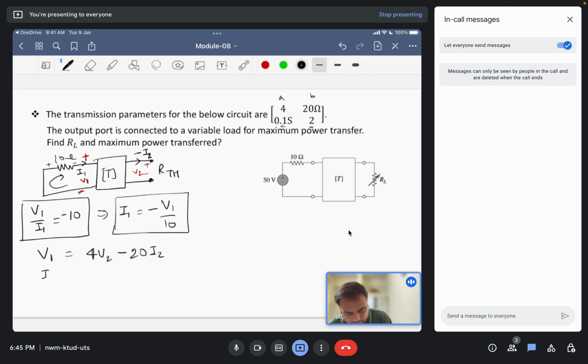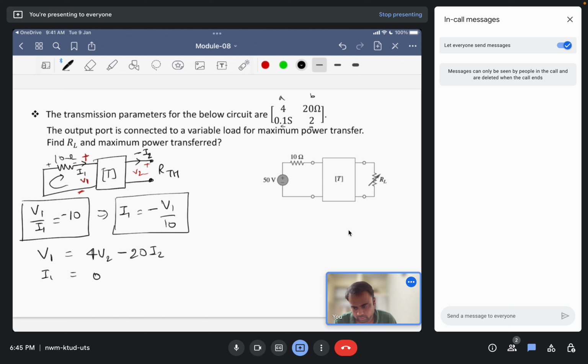And then I1 is equal to C times V2 minus D times I2, where C is 0.1.